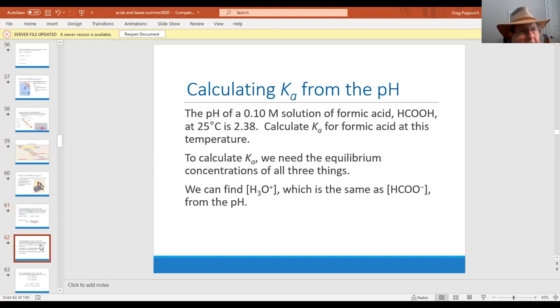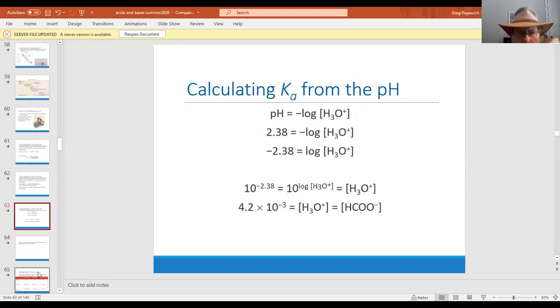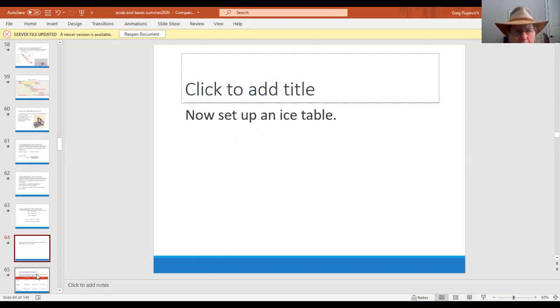We can find the H3O, which is the same as the formate, from the pH. Again, I am going to take the pH, hit the 10 to the X key, and type in negative 2.38. That gives me the concentration of my H3O, which is the same as my formate. Now I'm going to simply use an ICE table.